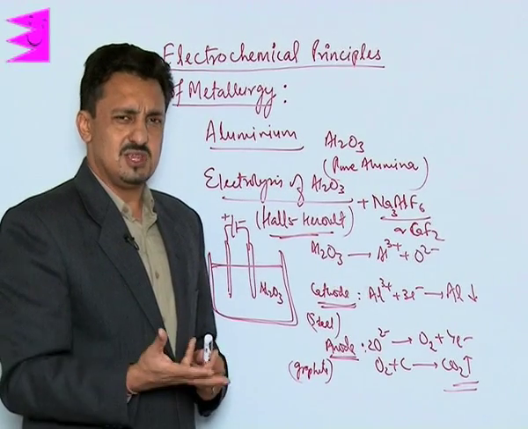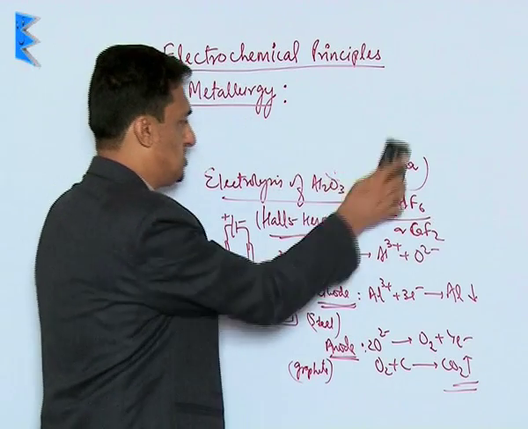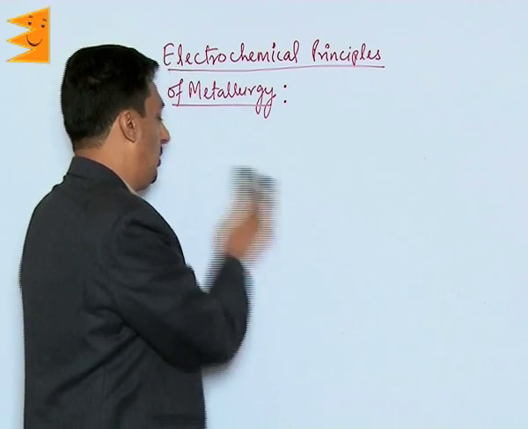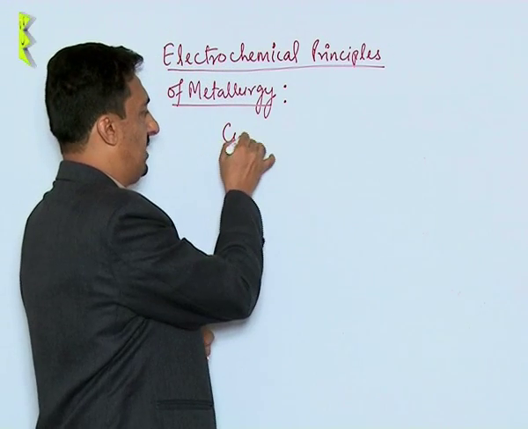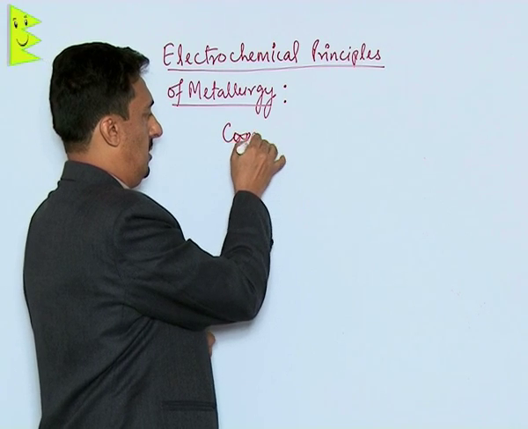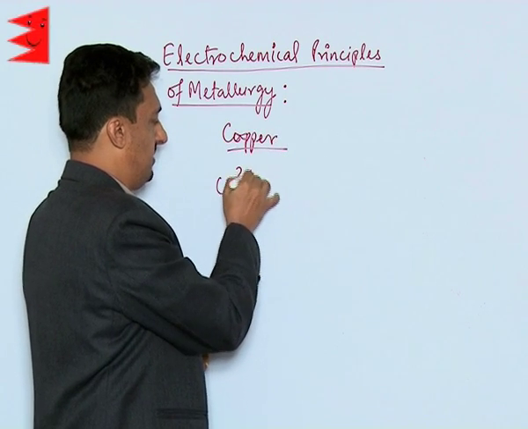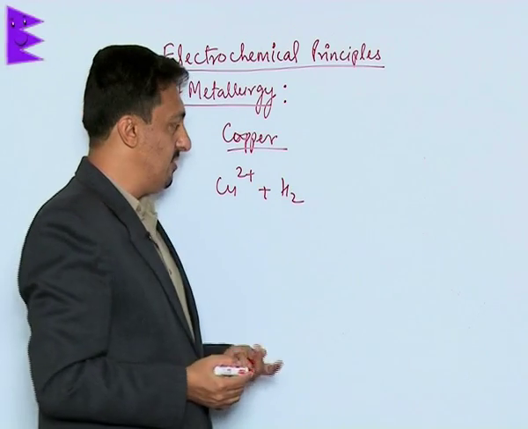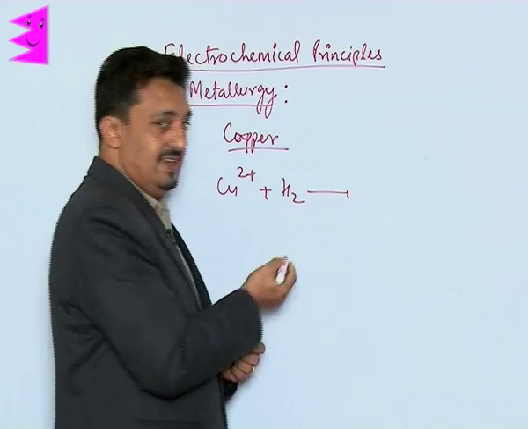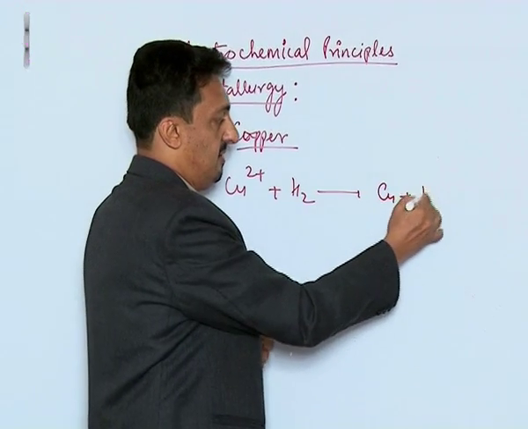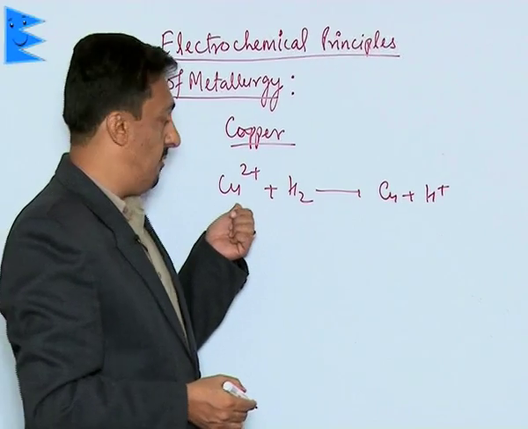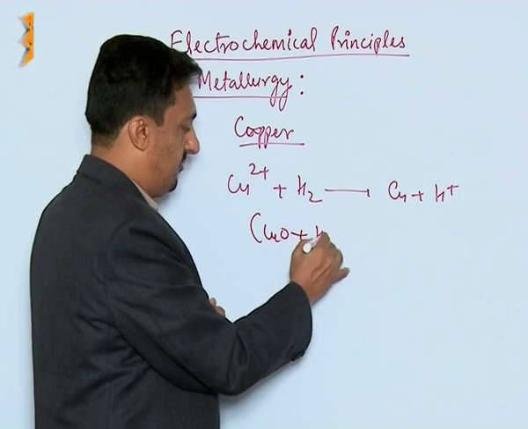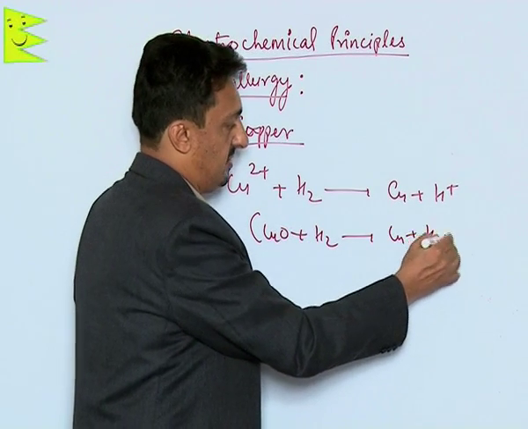We can also use this technique for the reduction of copper, specifically from low grade copper ores, where the percentage of copper is not much. We can reduce it with the help of hydrometallurgy. We can use reducing agents like hydrogen, which very easily reduces copper oxide, CuO, into copper, and itself gets oxidized, forming water.